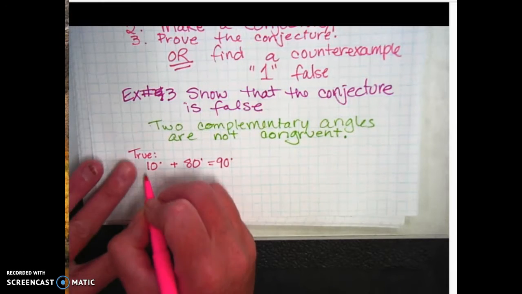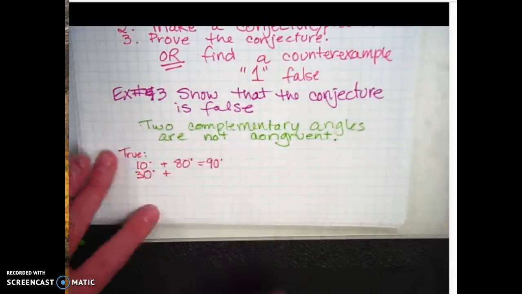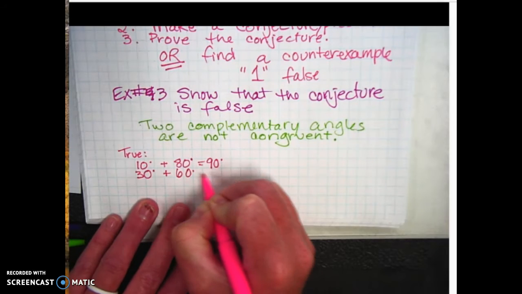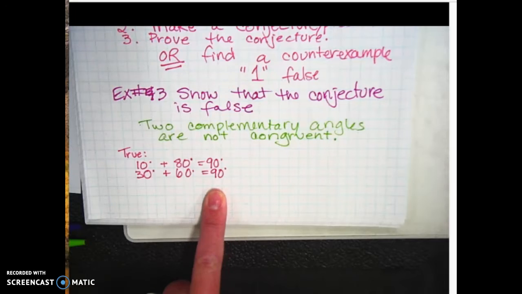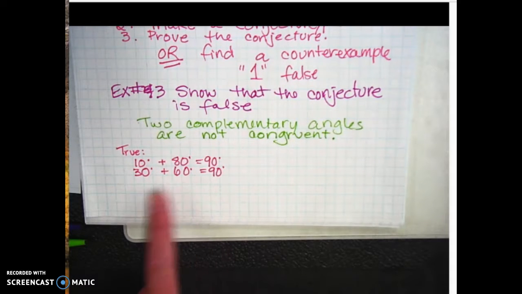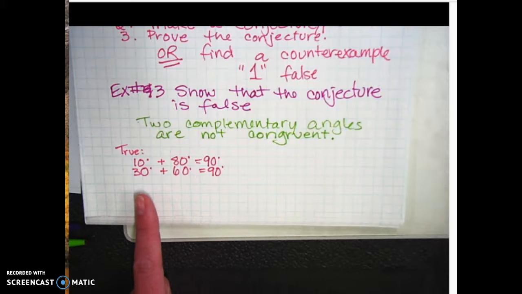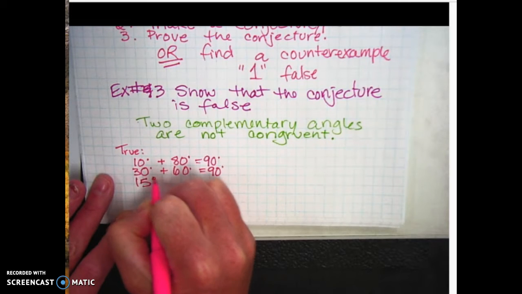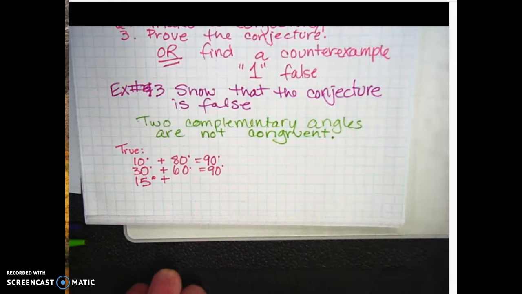How about if I gave you an angle of 30 degrees? 60. They would sum or add up to 90 degrees. Those 2 angles are not congruent. Let's do one more. Somebody give me a number. 15. 15 degrees plus how much is going to add up to 90?